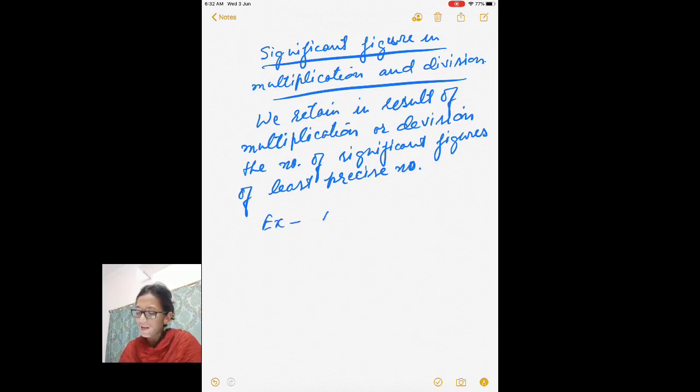Suppose the area of any wire or any tube is equal to 2.4 meter square, and the length of the wire is equal to 4.279 meter.